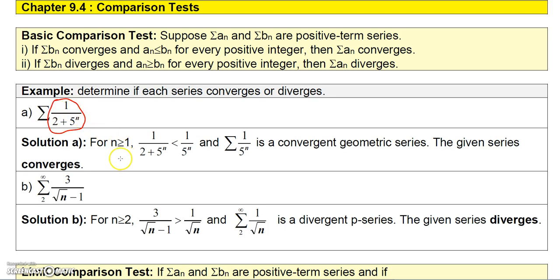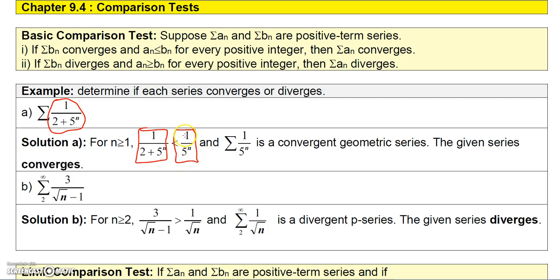Okay, now if n is greater than or equal to 1, then I know that this value is actually going to be less than this value, 1 over 5 to the n, because 2 plus 5 to the n is larger than 5 to the n, and since this is in the denominator, then 1 over 2 plus 5 to the n must be less than 1 over 5 to the n.